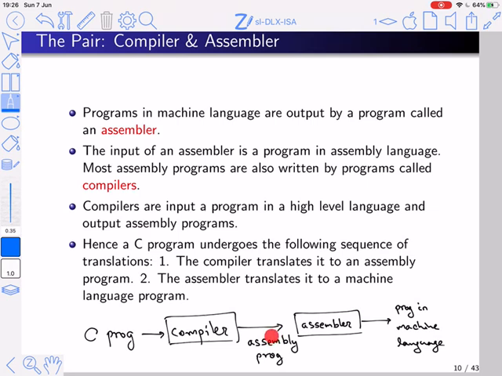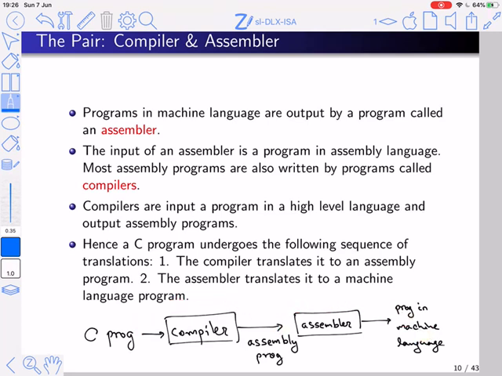This program written in assembly is input to a program called the assembler. The assembler translates the program in assembly language to machine language. So we have a two-stage transformation.